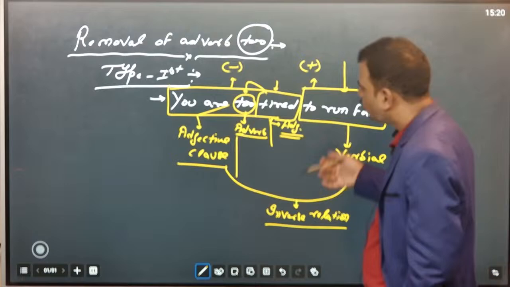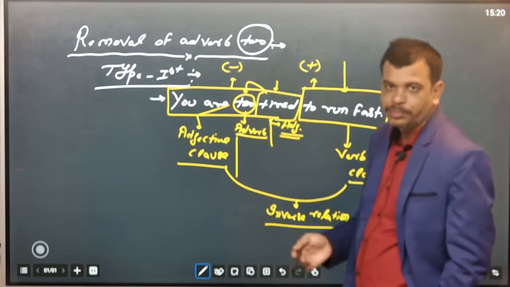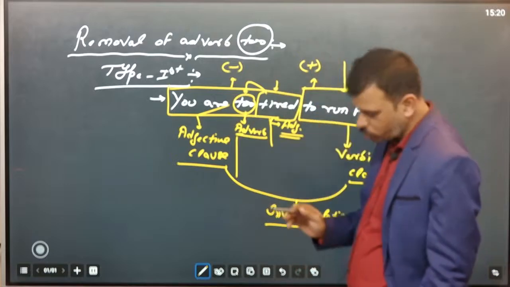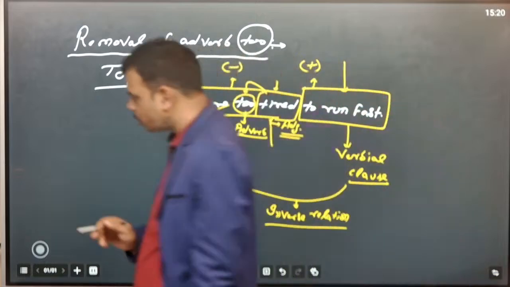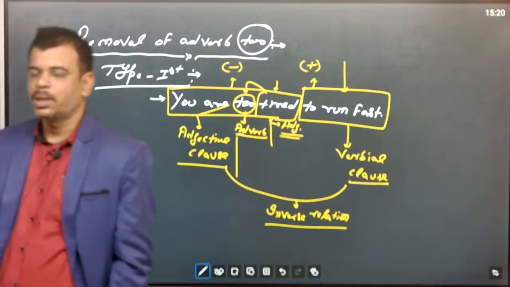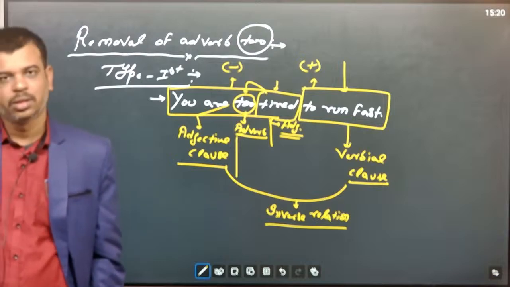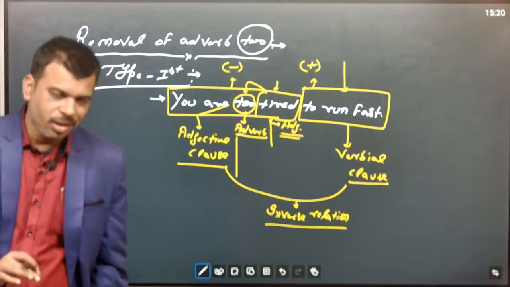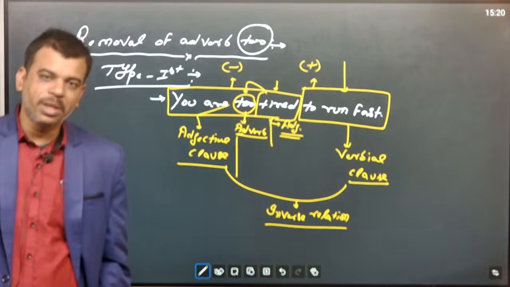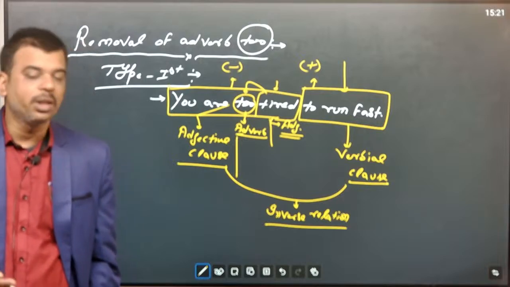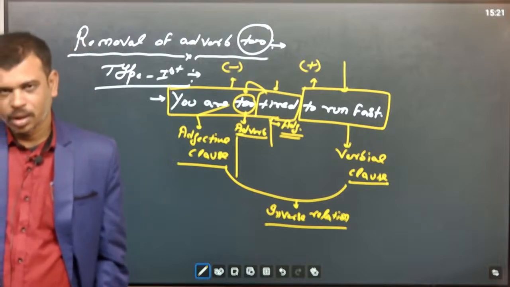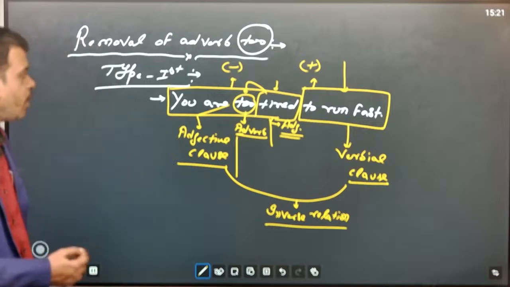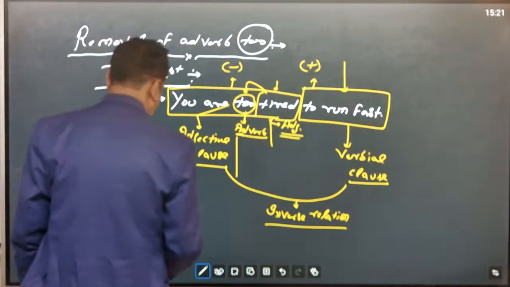Now it's time for a few more examples of type first in terms of removal of adverb to, and these examples will make the concept clear why we get such blunders. So here I am giving you a few more examples, and be with me.